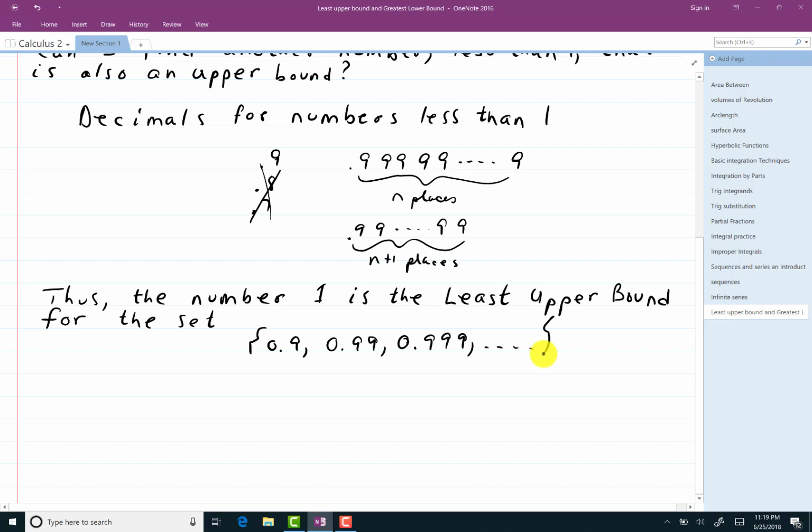So basically, you're looking for the smallest number that's at least as big as everything in the set, but no other number smaller than it will work for this particular purpose. That's what a least upper bound is.